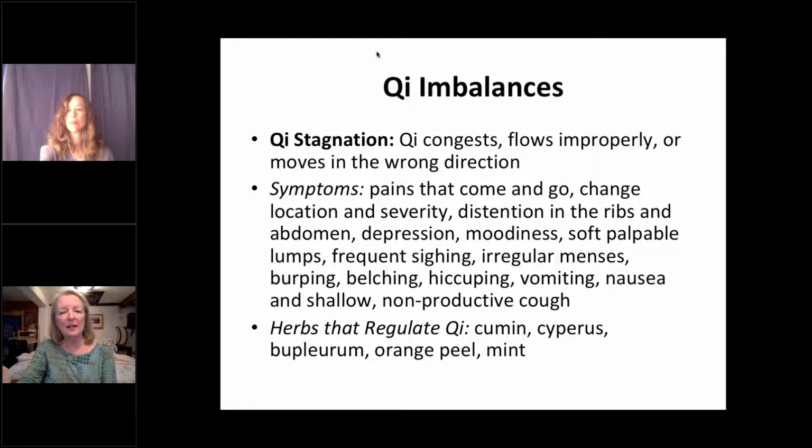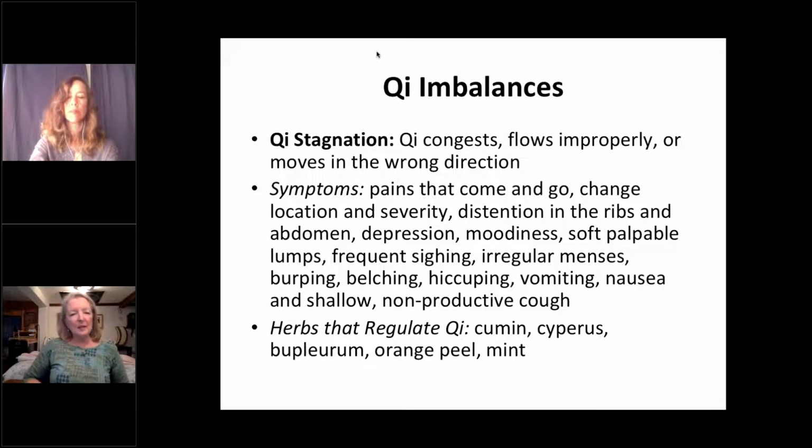You zip over to another lane, and then because it's moving, and then it stops. And people honk their horn, they stop honking their horn. So there's that kind of coming and going aspect, similar to wind, where the pains come and go, they change location, change severity. It's that little spark of pain that you might have somewhere, and then somewhere else you get that spark of pain. That's a qi stagnation pain.